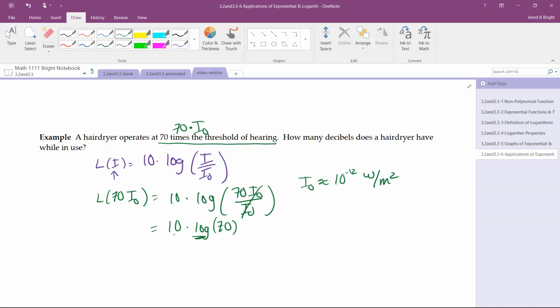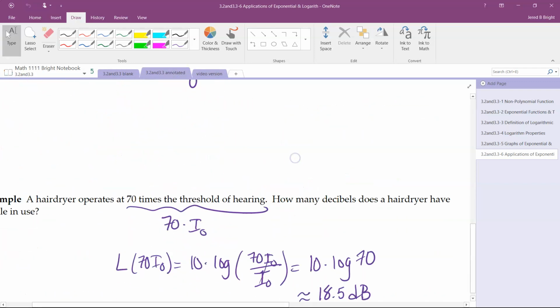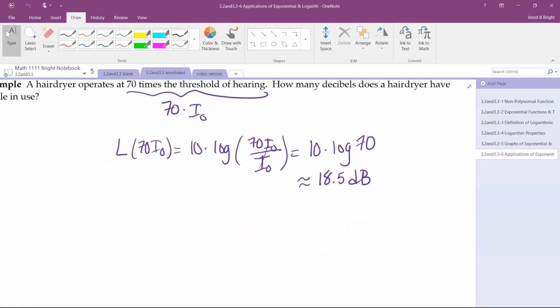Some of them you have to do 70 and then press log, so just make sure to play with your calculator to figure out what you get. What I got was about 18.5 decibels. Those are just a couple quick examples of how we can use exponential functions and logarithmic functions in everyday applications.